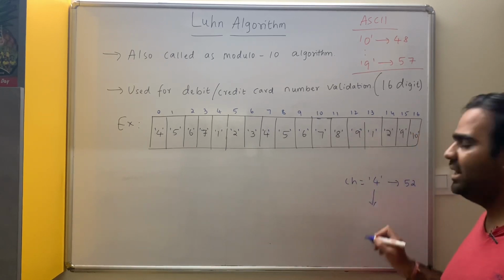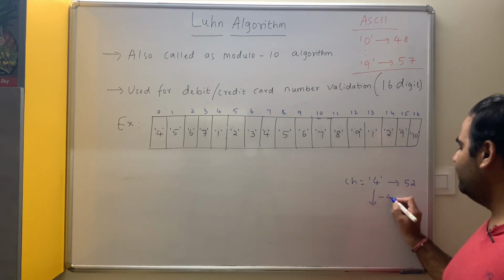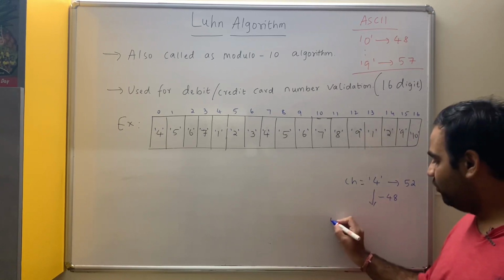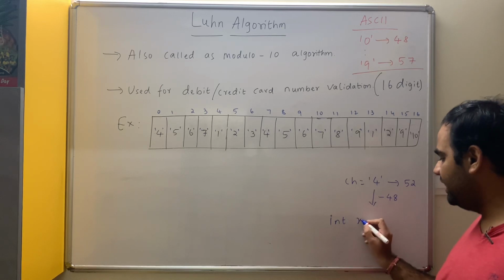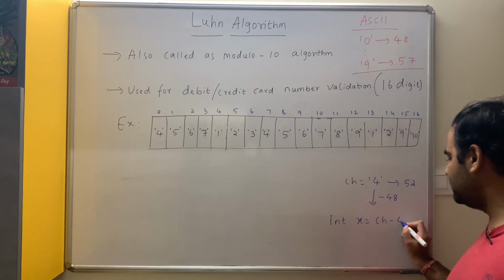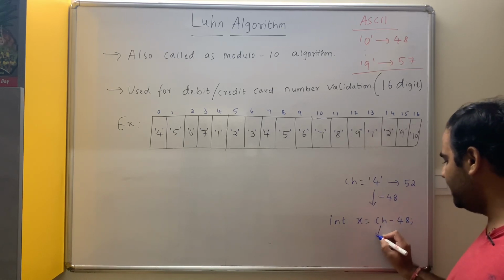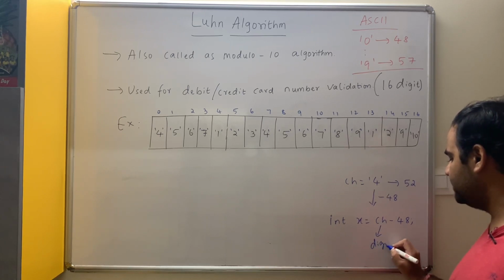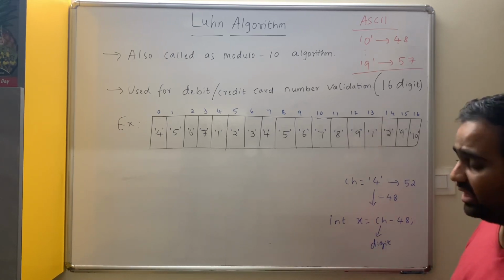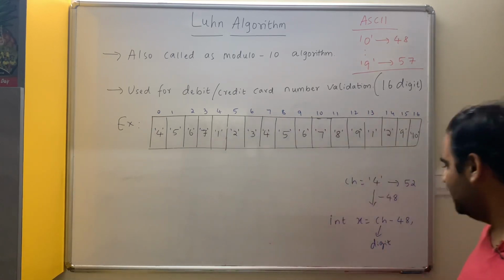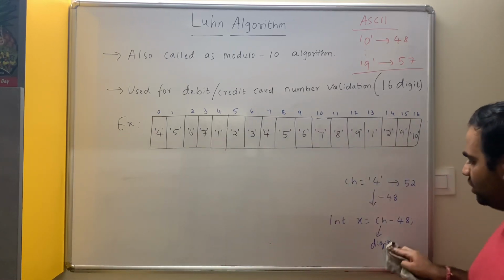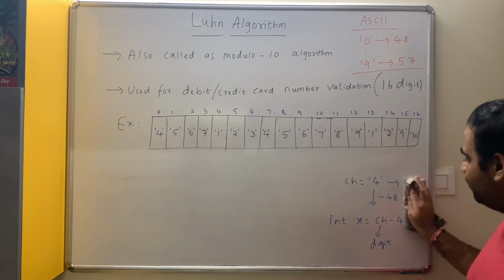I need it to be a digit 4. What we do? We subtract 48. Therefore I can say any integer x is equal to CH minus 48, where CH is a character digit. This is how we convert a character digit to an integer. We say CH minus 48.